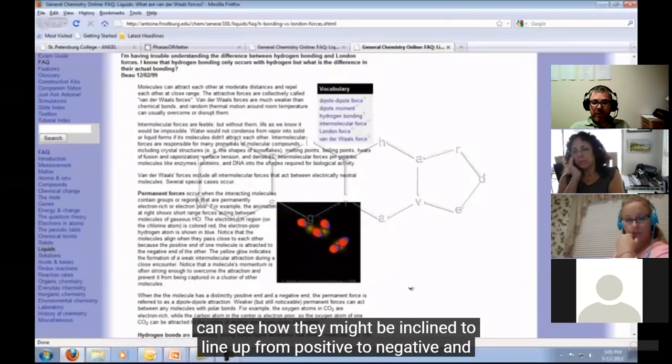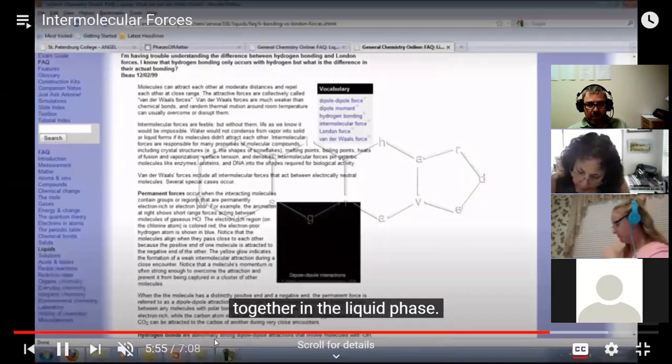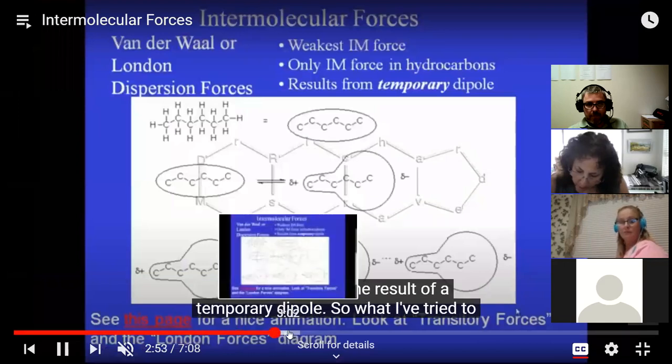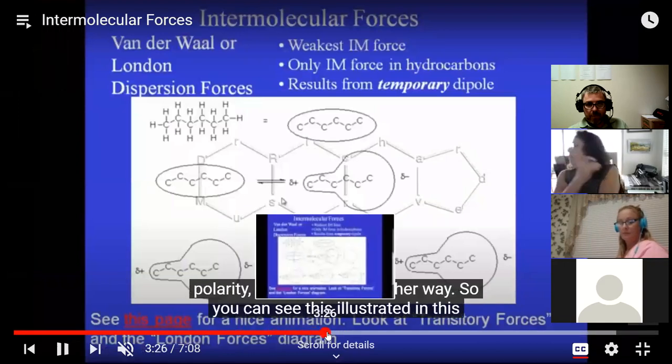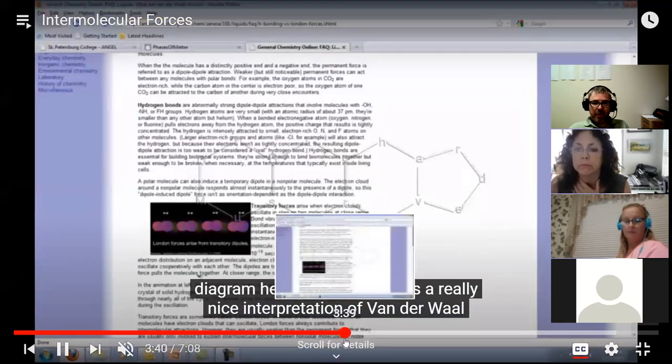They're just attracted to the delta plus, delta minus, and it's 10 times stronger attraction than we had in that previous one, which was all temporary dipoles. If I can find it. There we go. See that? Temporary, temporary, temporary. Look at that.